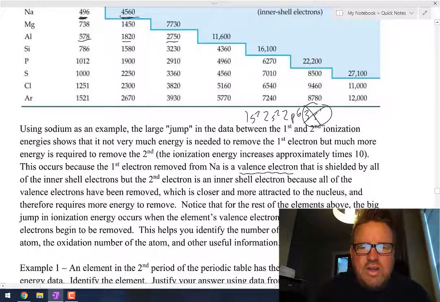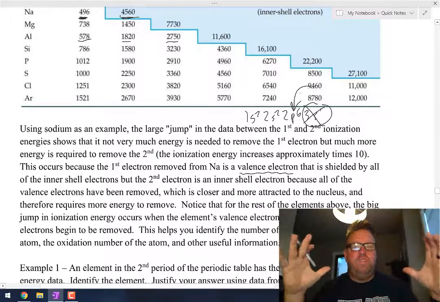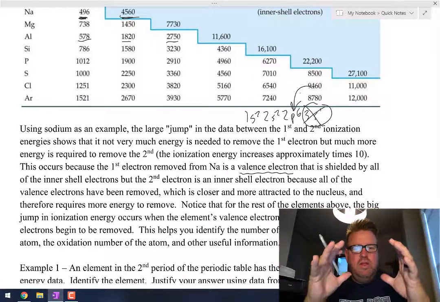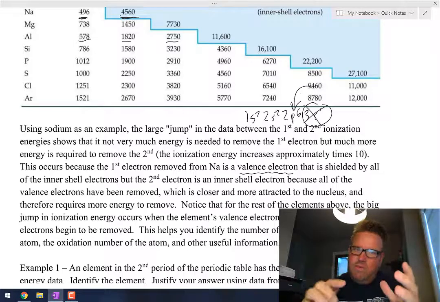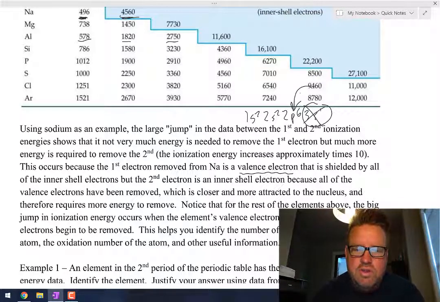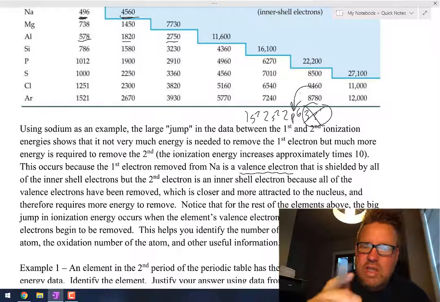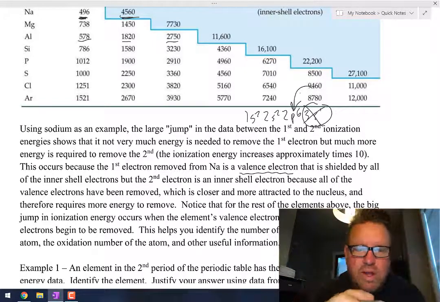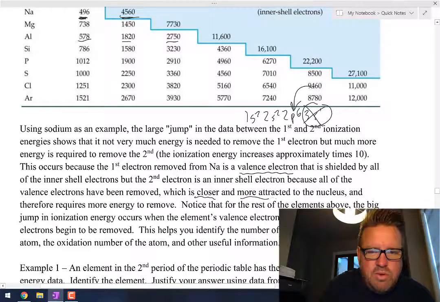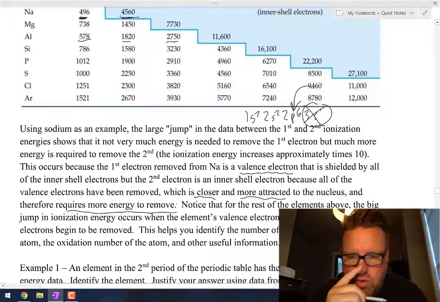Now you've gone from the third shell all the way into the second shell. And that second shell, as we learned from Coulomb's law, is much closer to the nucleus, and so feels a much stronger attraction to the nucleus. So that second electron in sodium is what we call an inner shell, or core electron. It's much more attracted to the nucleus, and therefore requires more energy to remove.